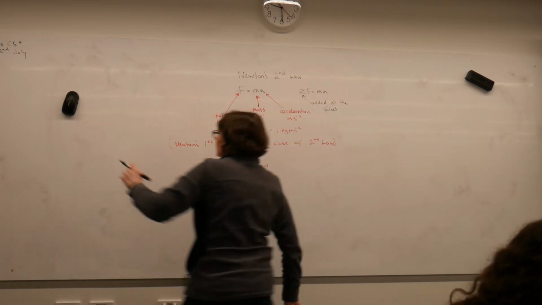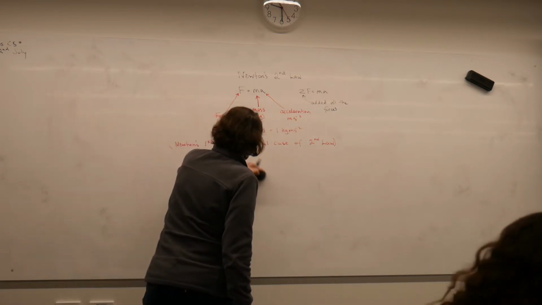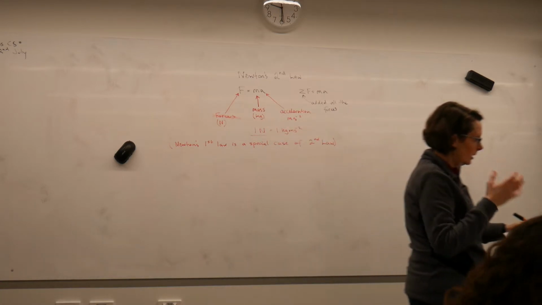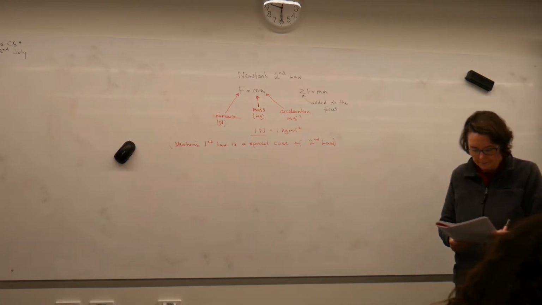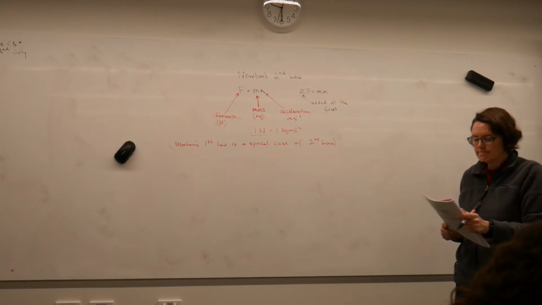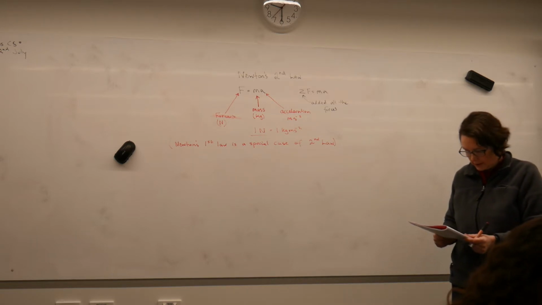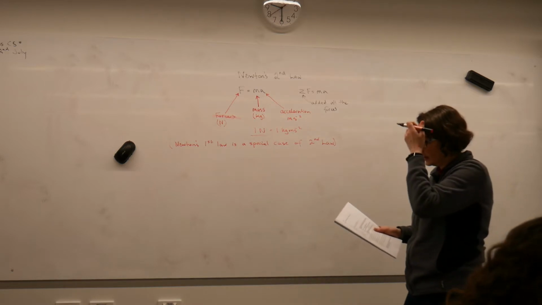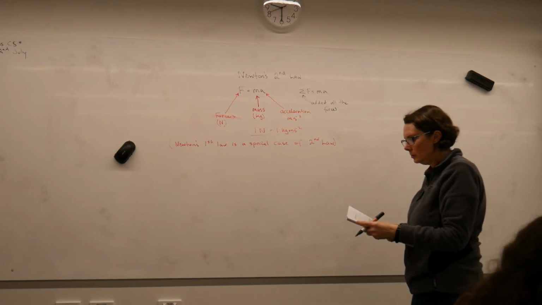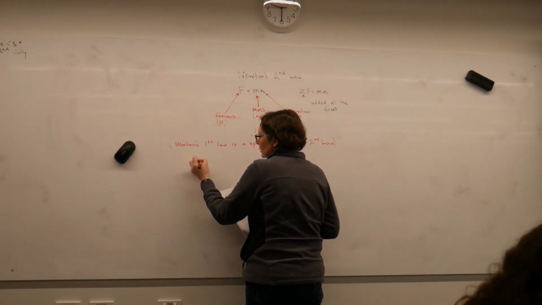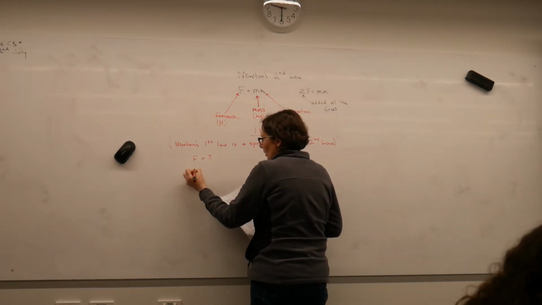But let's have a look to see how questions are frequently presented for Newton's second law. We've got an example on page 51, worked example 18. We're asked to determine the size of the force. So we want to find the force, and the mass is 80 kilograms.